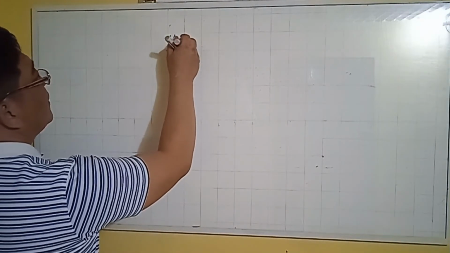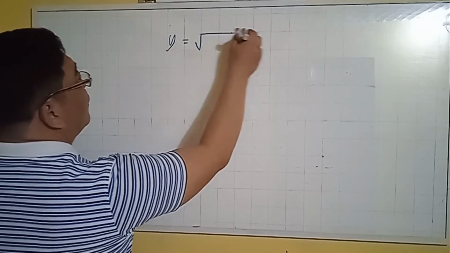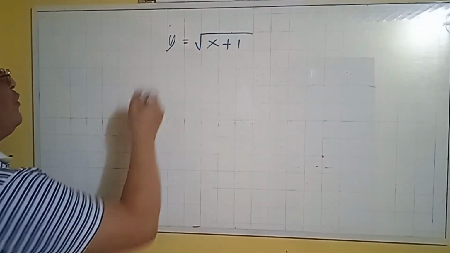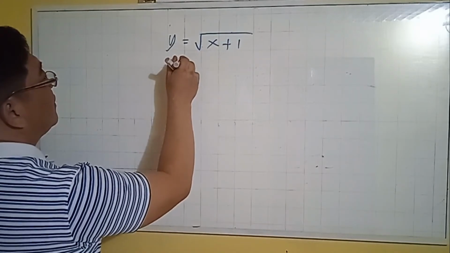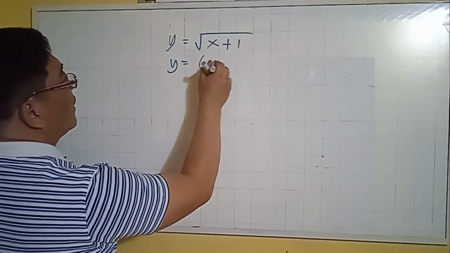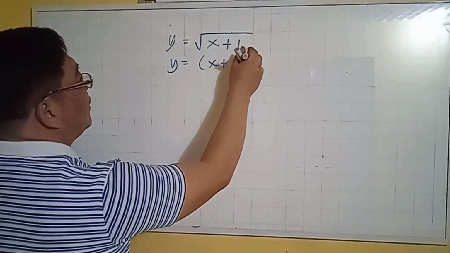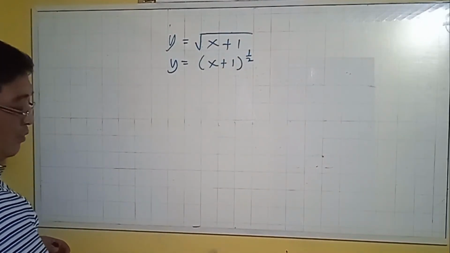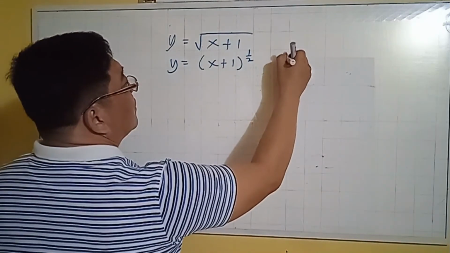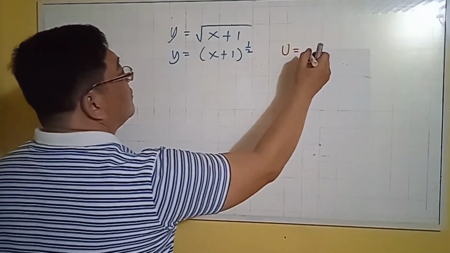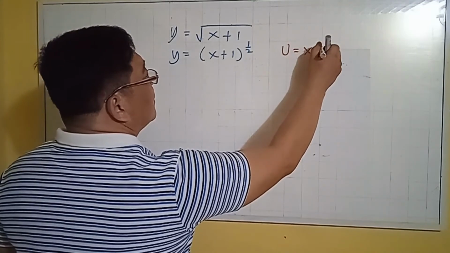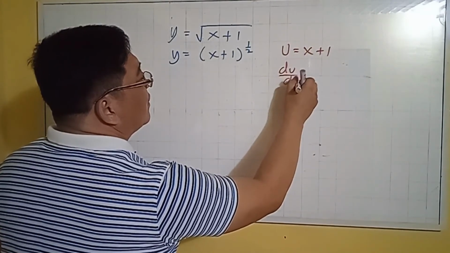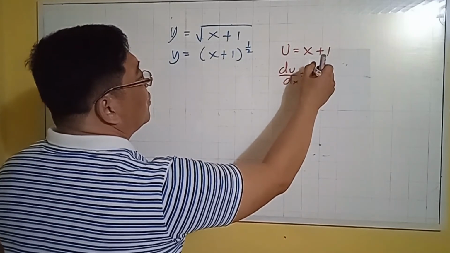Y is equals to the square root of x plus 1. So I'm going to rewrite this given. Y is equals to x plus 1 raised to 1 half. So what is u? That is x plus 1, du over dx is equals to 1.